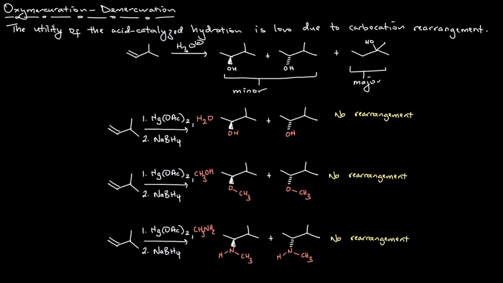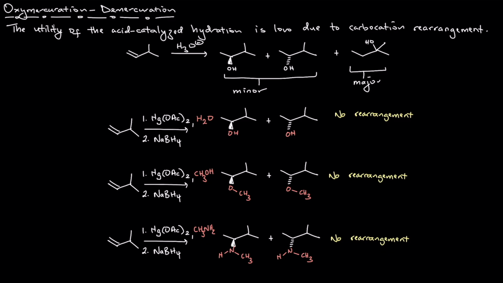So the product of that reaction is going to look like this. Okay, so you've got to be able to start seeing some trends, right? We can replace water with an alcohol or an amine in this oxymercuration-demercuration reaction, and the process is still the same. Okay, so this is really it for your Markovnikov hydration.